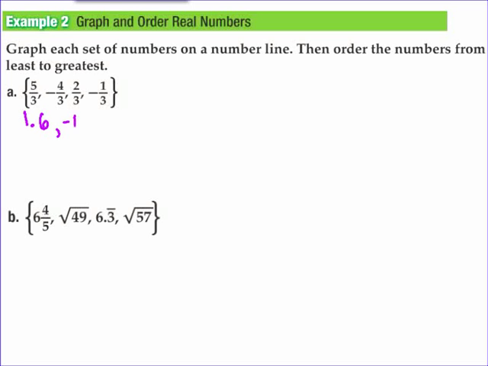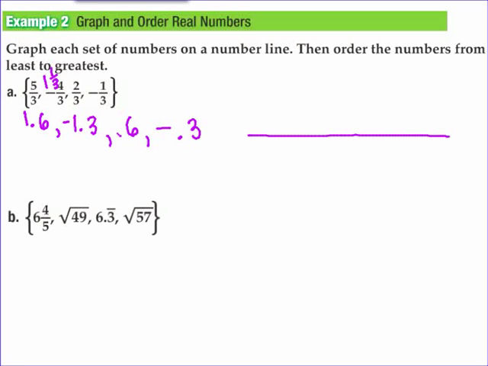That's going to be negative 1 point what? 3. Now for those of you wondering how they are getting that, 4/3 is what, a mixed number? 1 and what? How many thirds? 1/3. So then you have your 1.3. 2/3 I know is 0.6 repeating. And then -1/3 would be -0.3.